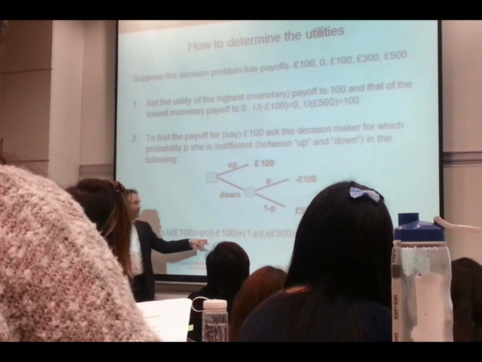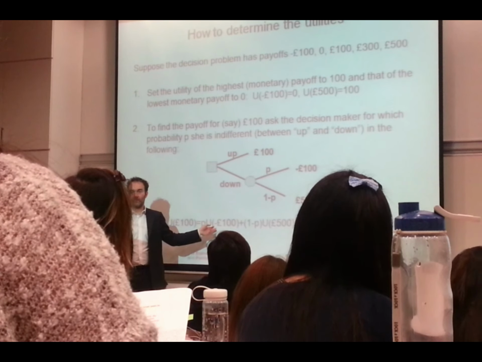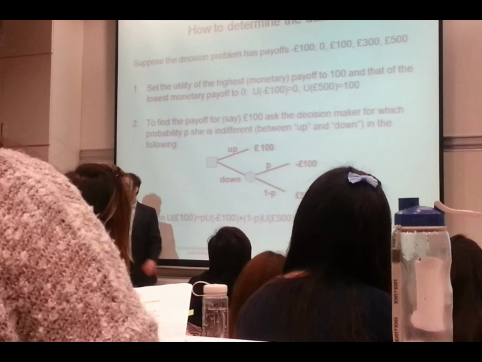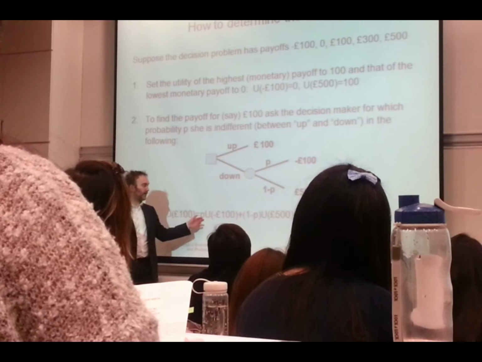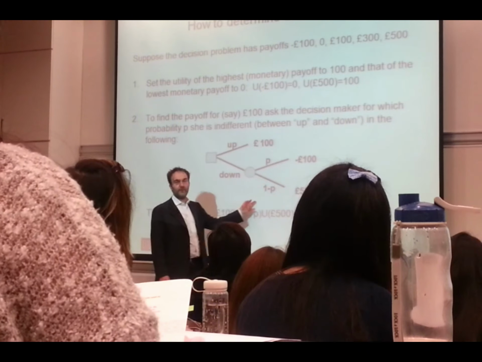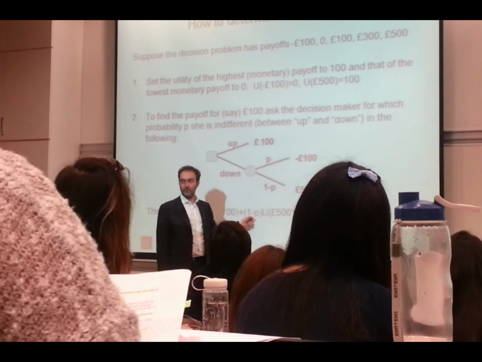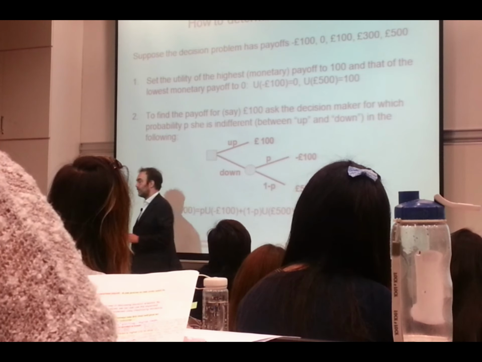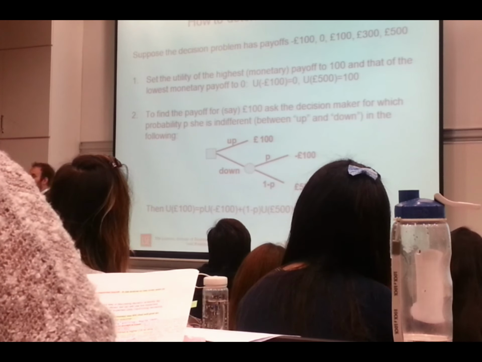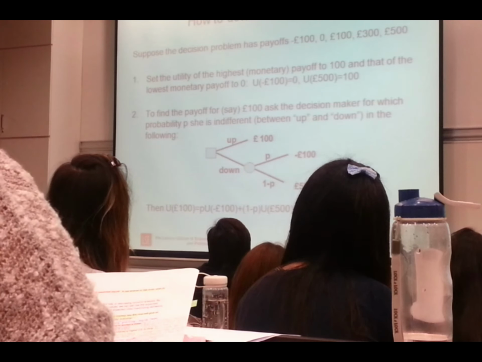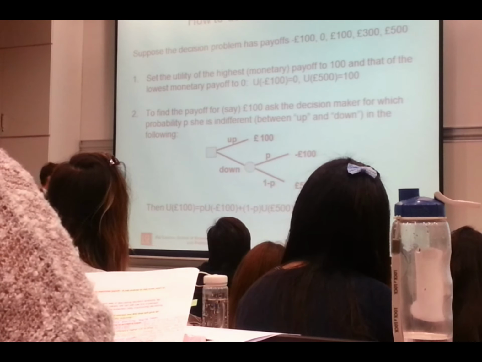Now we know that the utility of minus 100 is 0. The utility of 500 is 1 minus P. Given that our decision maker answers 1/2, what makes him indifferent is 1/2.